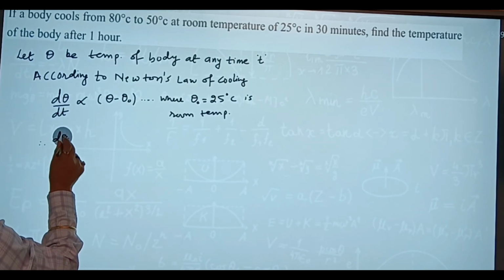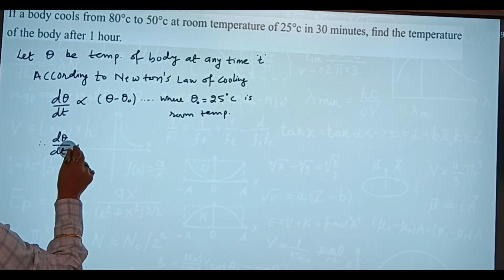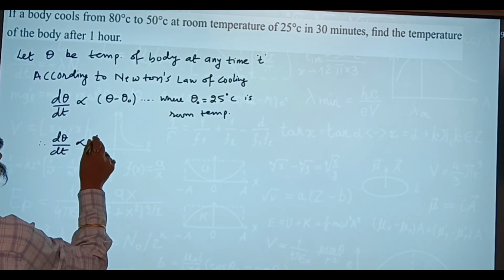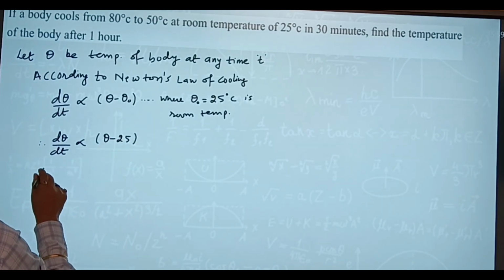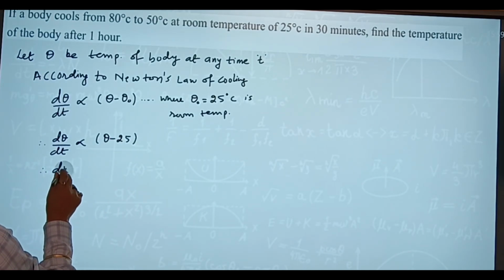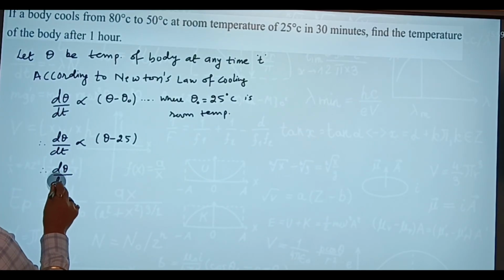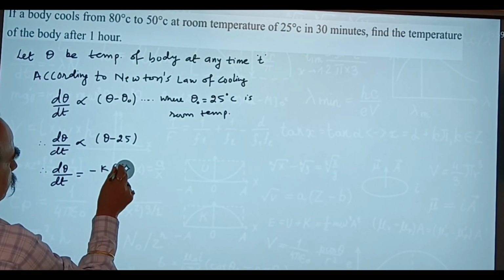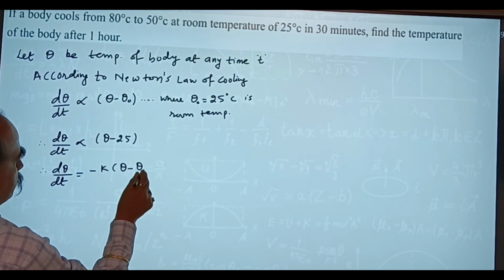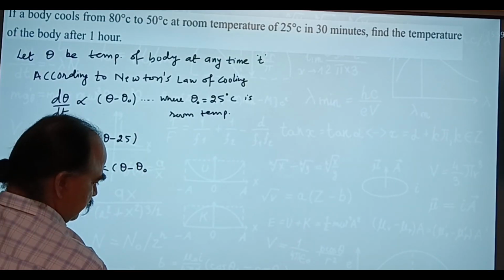Therefore, d theta by dt is proportional to theta minus 25 degree. So d theta by dt is equal to minus k (theta minus theta naught), theta minus 25.